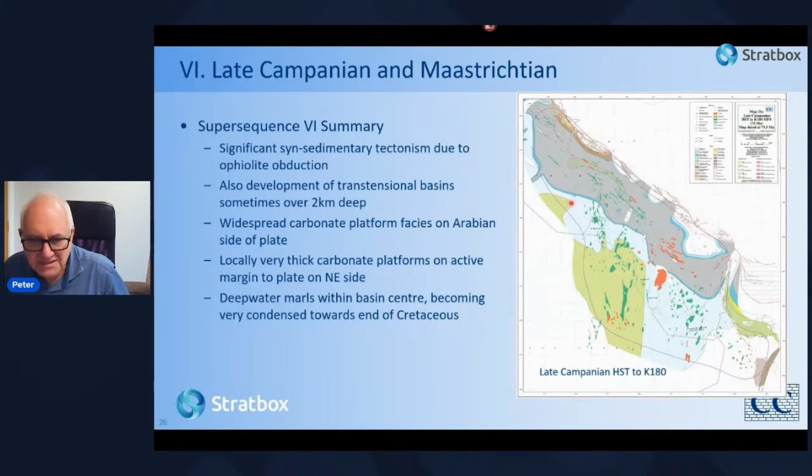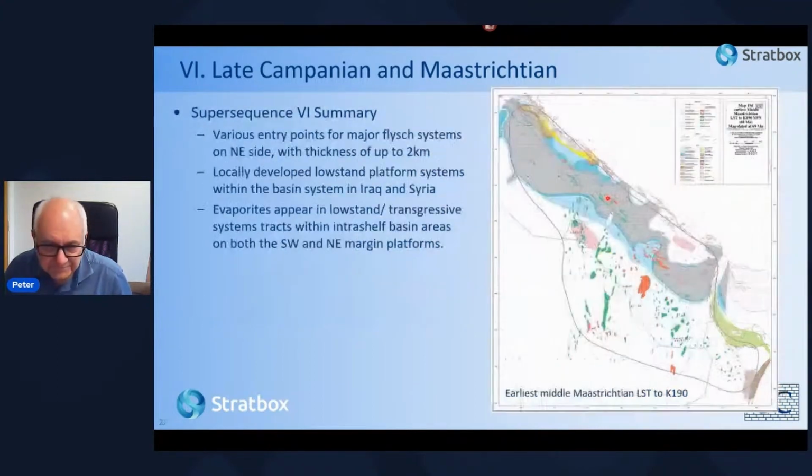We still have widespread carbonate facies on the Arabian side of the plate, and locally we have very thick carbonate platforms on the active northeast side of the plate where we have depositional highs. So this is the late Campanian high stand to the K180 maximum flood. Then the central part of the area is a zone of deep water deposition with marls, becoming very, very condensed towards the end of the Cretaceous.